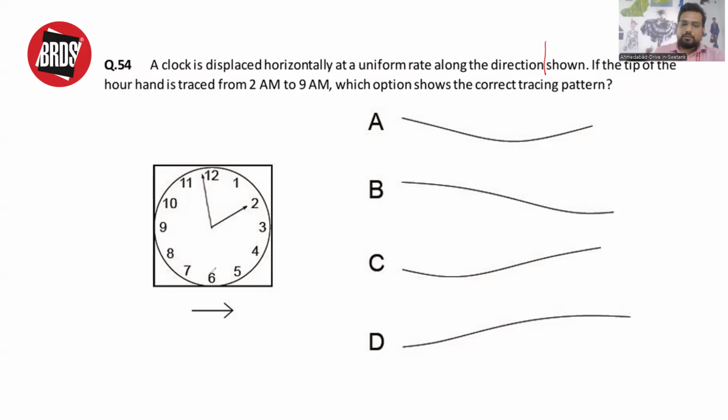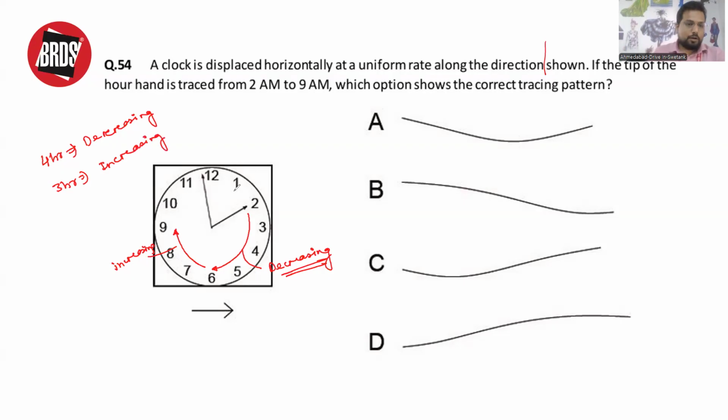I do know that this clock is moving towards the right. So for the 4 hours, it would be decreasing, and then for the 3 hours, it would be increasing.